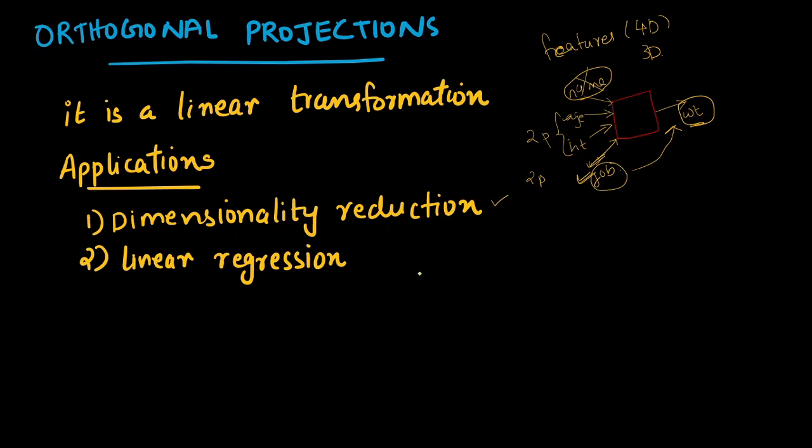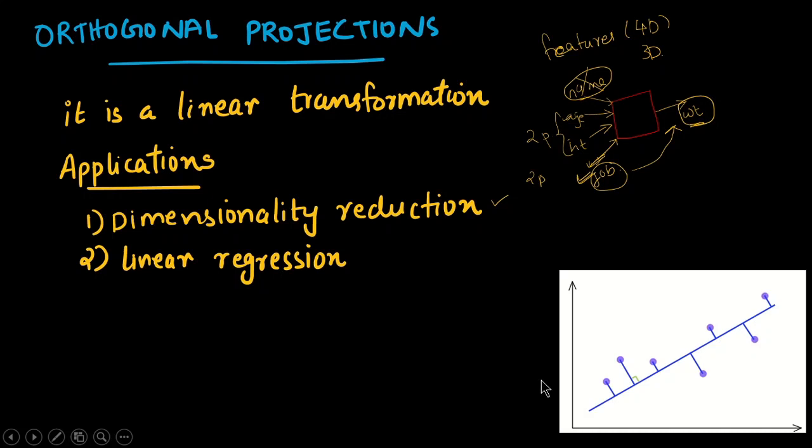Then linear regression. In linear regression also we can use orthogonal projections. Take this example. This line is the regression line, the function used to predict the value, and these dots are the original values.